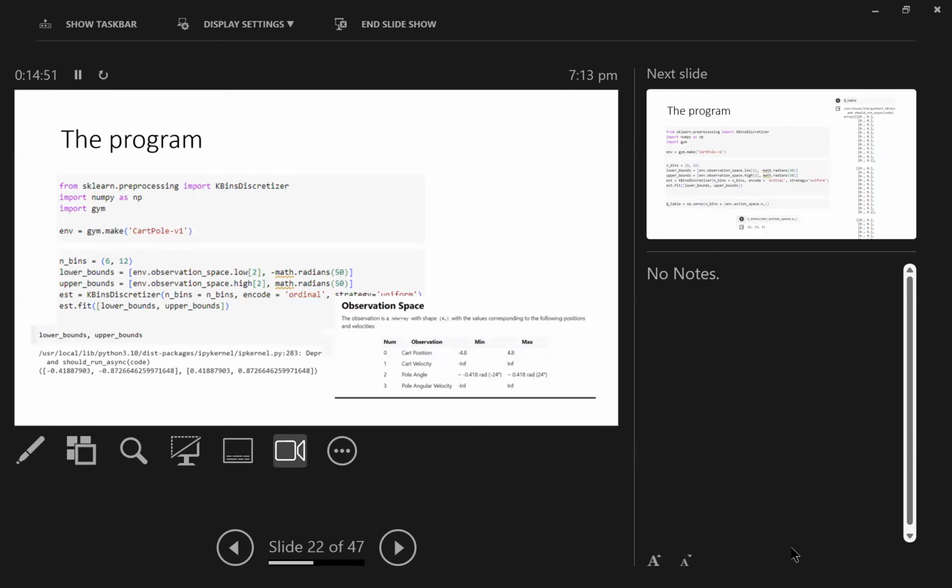This utility is provided by sklearn, under the preprocessing library, in which there is a function called KBinsDiscretizer. It allows you to divide the values you need to handle into a certain number of bins.